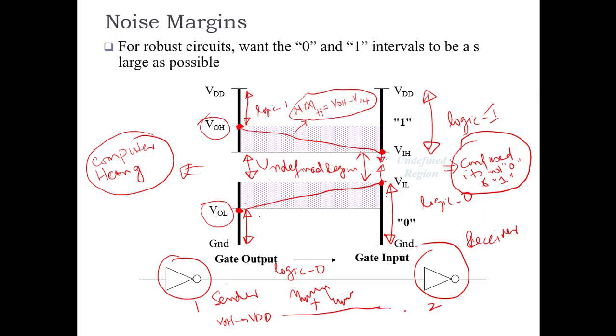On the receiver side, if it is between VIH and VDD, then fine, the receiver can understand that the sender sent a logic 1. You see, here is the voltage dip which will bring it down, so that's why VIH is lower compared to VOH, to accommodate for the noise margin.